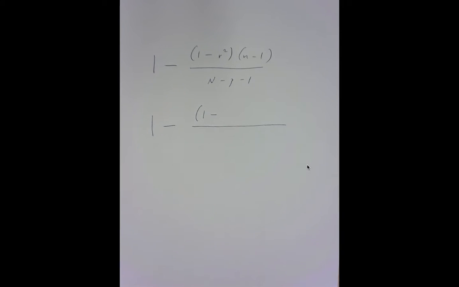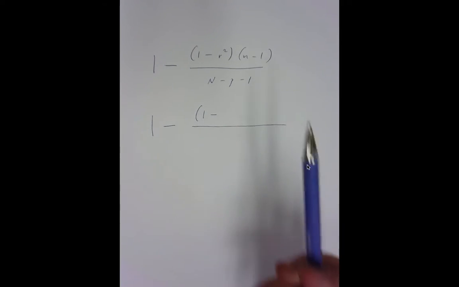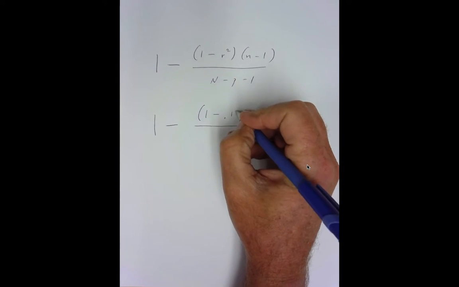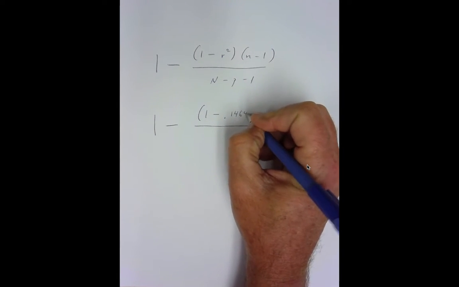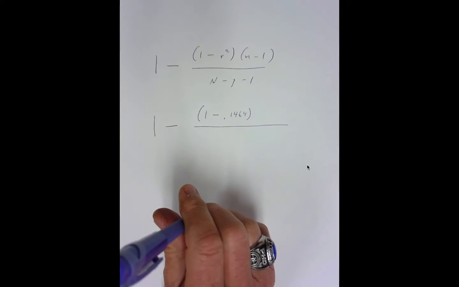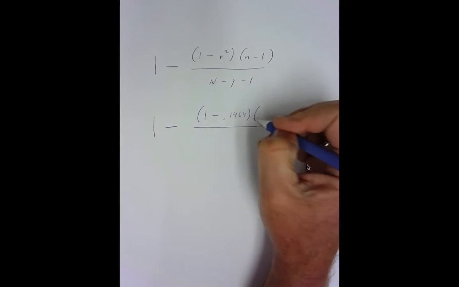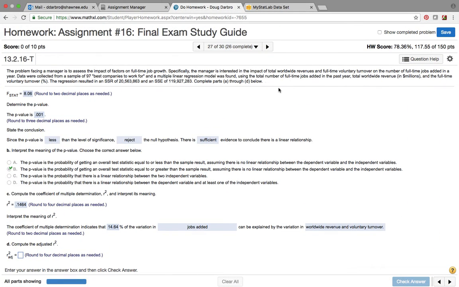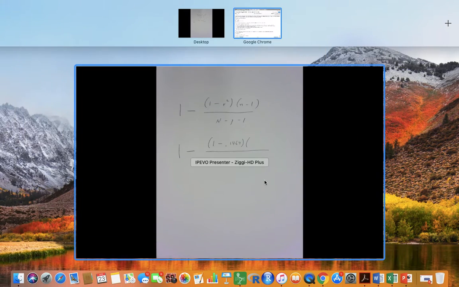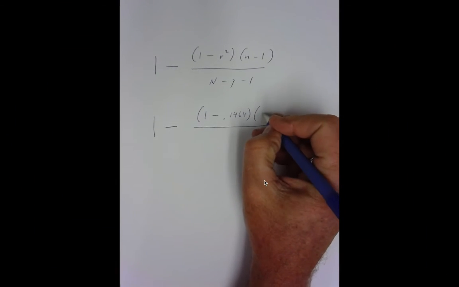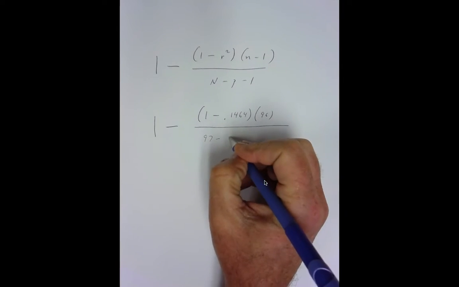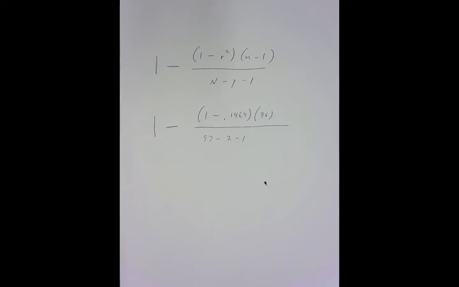So the r squared is 0.1464 times the sample size of n minus 1. I forget what our sample size was there. 97. So we have 97 minus 2 predictors minus 1.